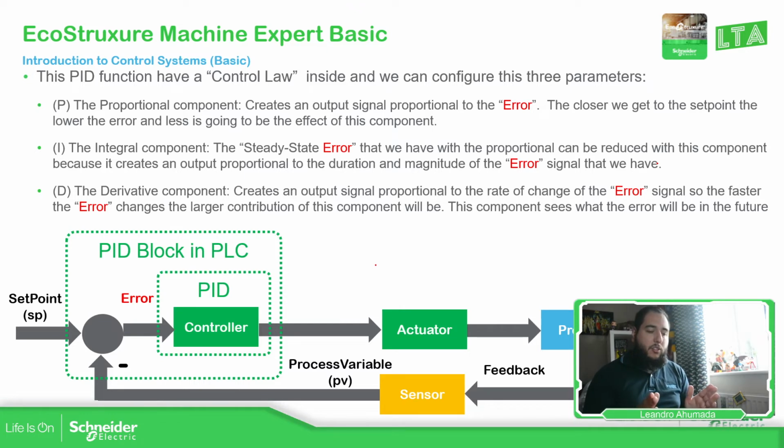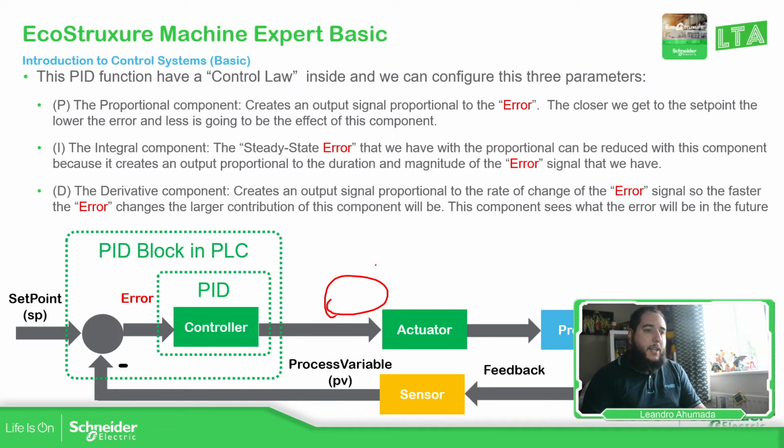Based on the duration of the error between our desired value and the process value, the integral part will have an effect on our global value over here. The idea is to reduce the error that we have.